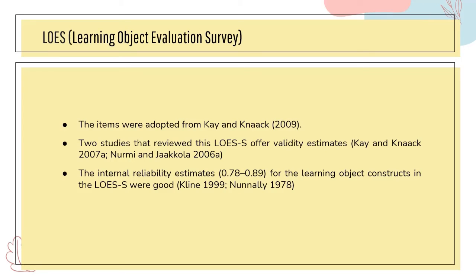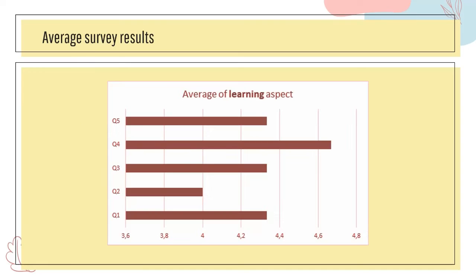From the use of this LOES as a survey, we evaluate our learning object in 3 aspects, which are the learning aspect, quality aspect, and also the engagement aspect. And these are the average values from the survey result of my audience. The first one is the average of the learning aspect values.